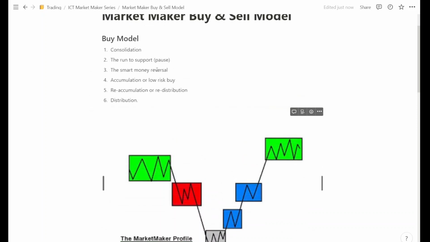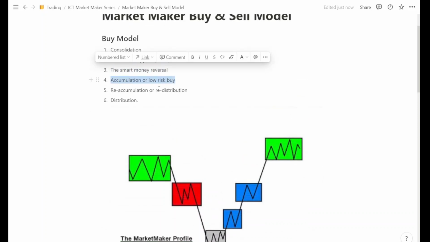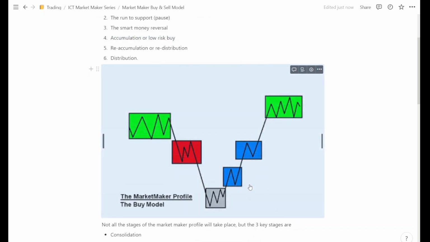after the smart money reversal, there would be another level of accumulation or low risk buy. The low risk buy is basically a return to OTE, a return into discount, or a return to a fair value gap, or a return to a breaker or mitigation block.